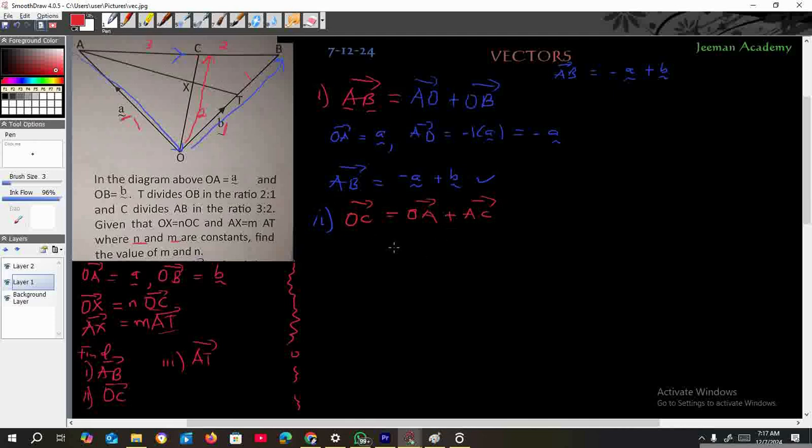So that means AC, this part here from A to C, is going to be ratio 3 over the total ratio, which will be 3 plus 2, 5 of the total line.